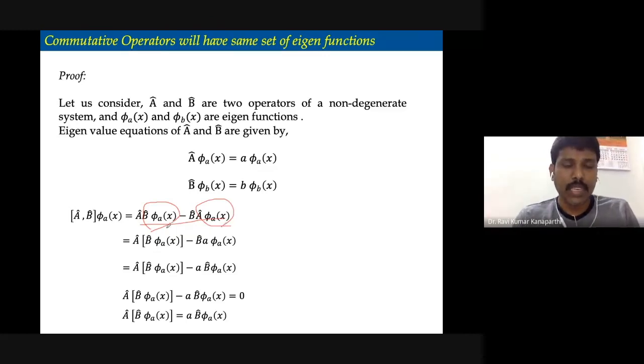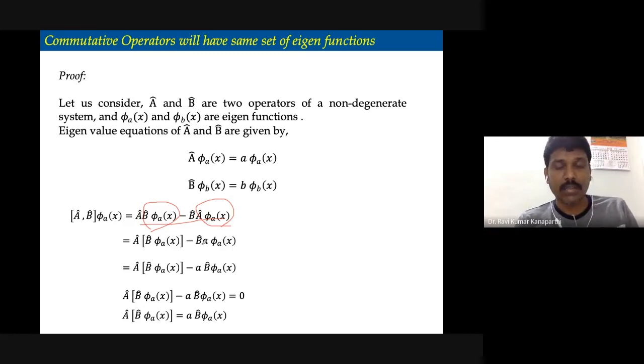Now here you can notice that these are B phi A of x, but here A phi of x, when A operates upon phi of x, this is the eigen relation, therefore we will get the eigenvalue multiplied by the function back. So we have written this as such, we didn't do anything.